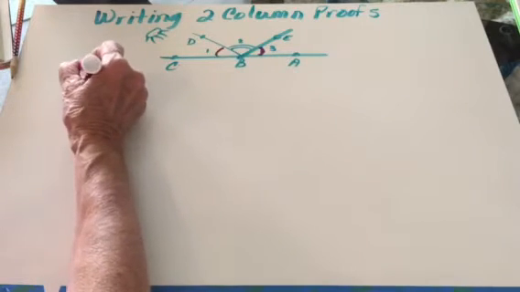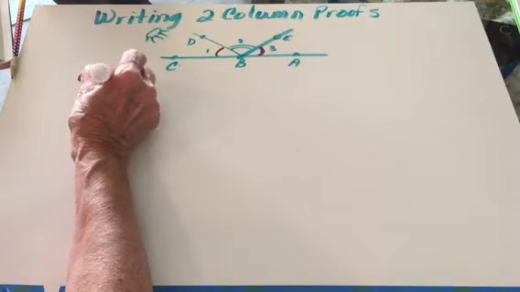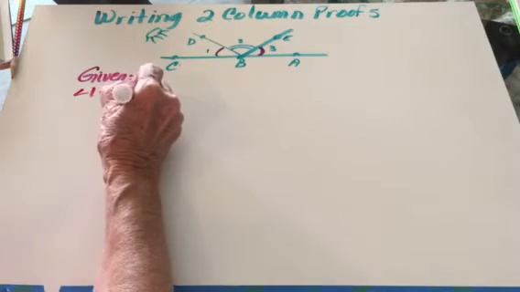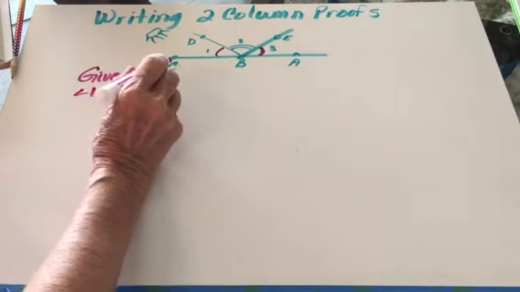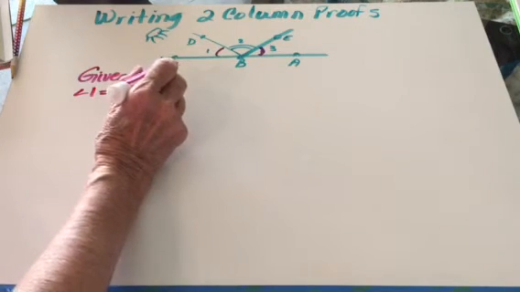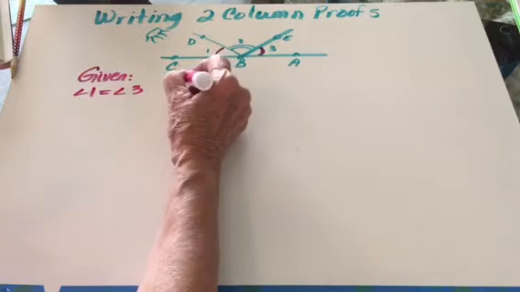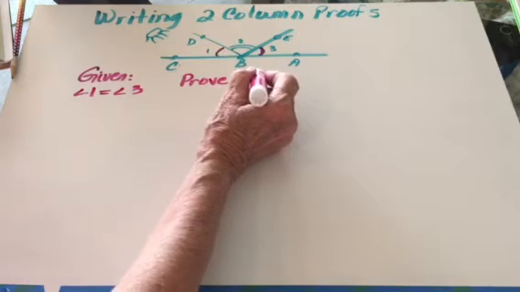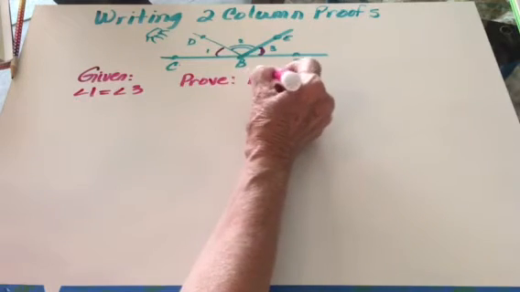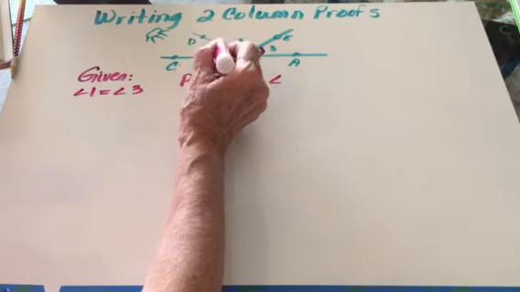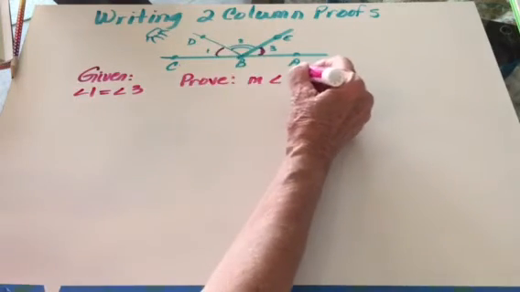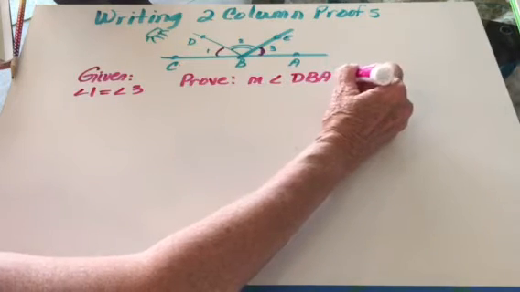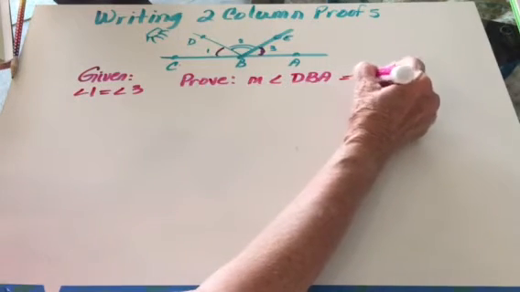So here's what we're doing. We're given this. We're given the fact that angle 1 equals angle 3. They're asking us to prove that the measure of angle DBA is equal to the measure of EBC.